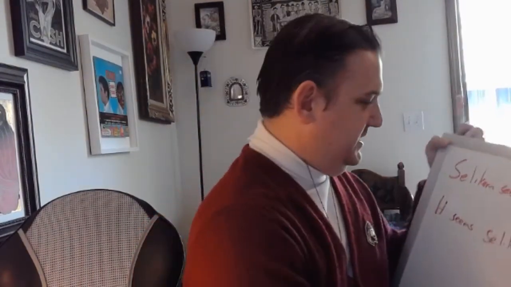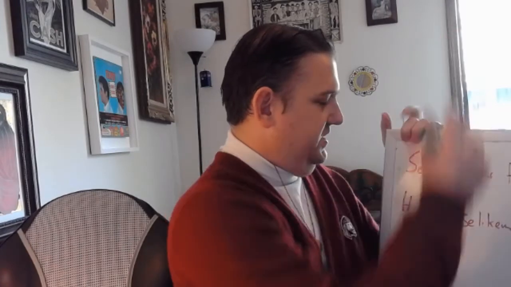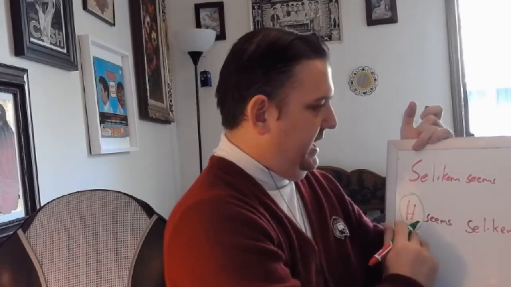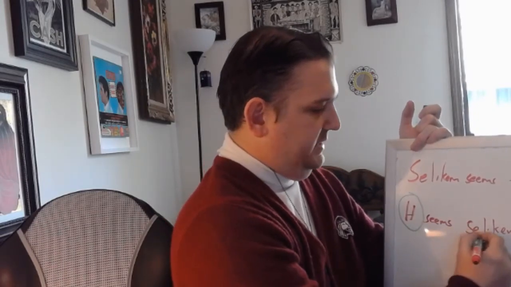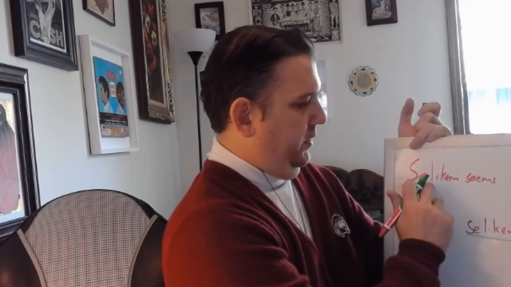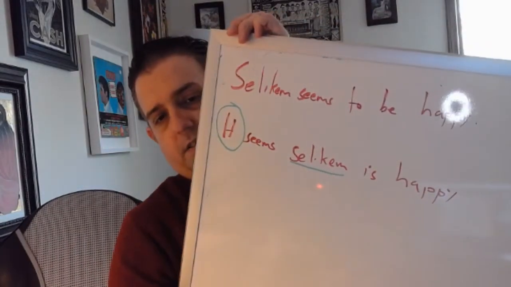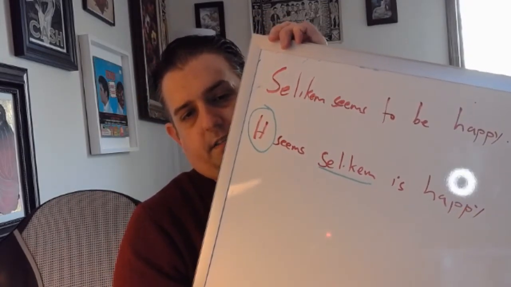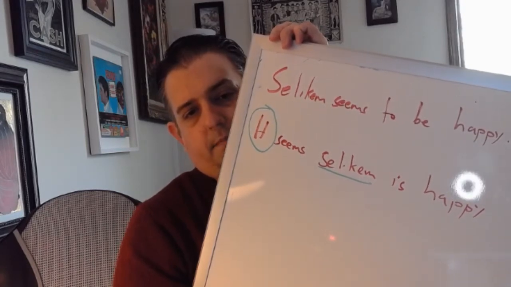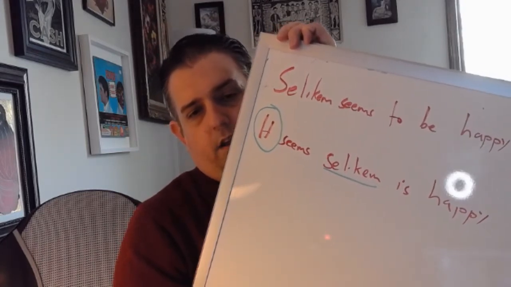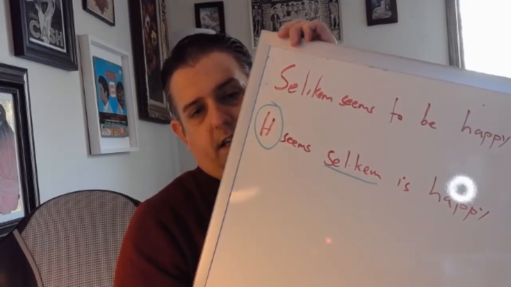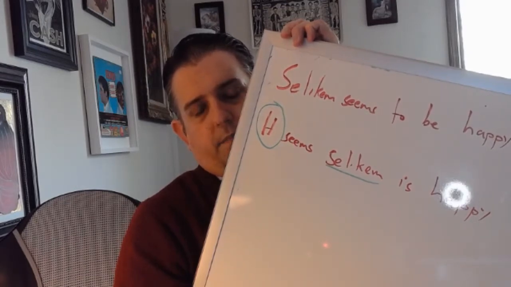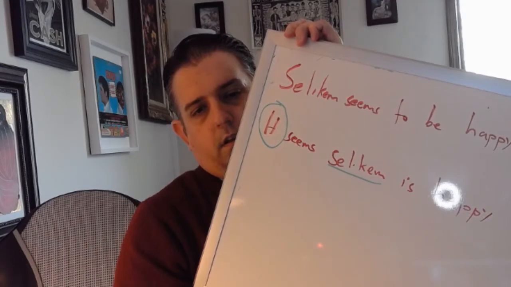Anyway, let's talk about these two constructions. One of the things we're clearly interested in is the behavior and appearance of "it" relative to these two things, and why Selicum can appear here, or why it appears as the matrix subject. We can also notice that we can't say, for instance, "It seems Selicum to be happy," or "Selicum seems is happy."